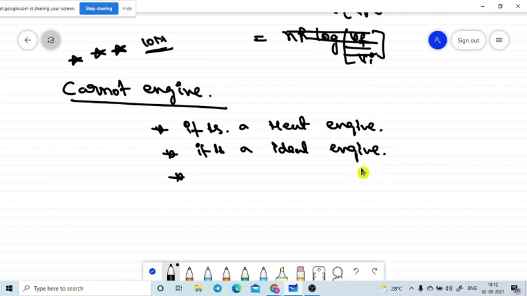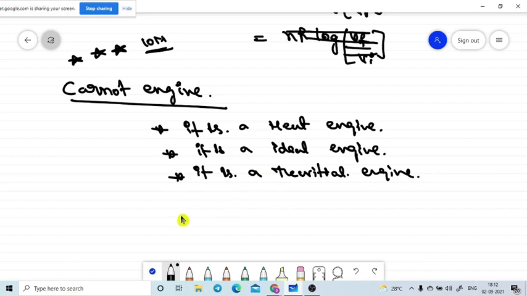Other than this engine, no such engine is available. So it is a theoretical heat engine. That means in practice this engine cannot be constructed. It exists only in theory, so you need to remember that.